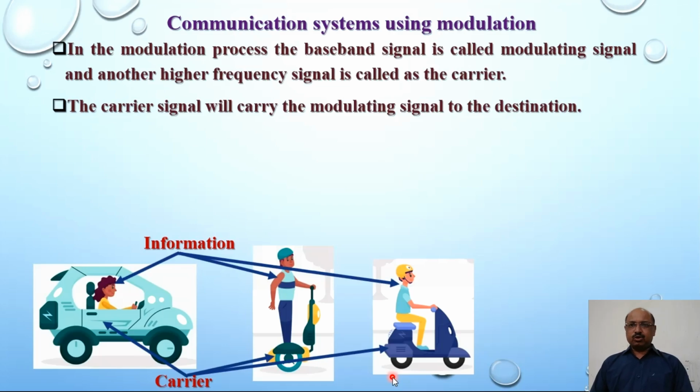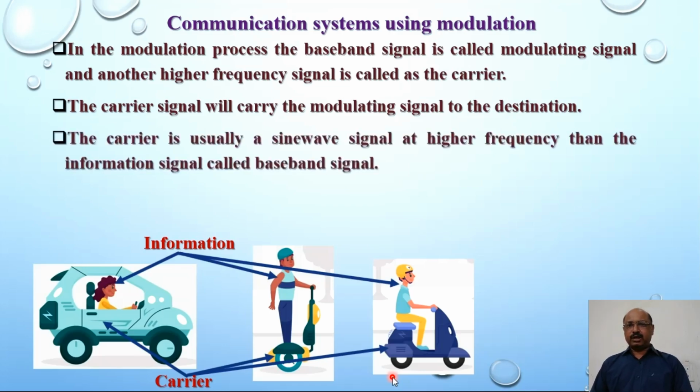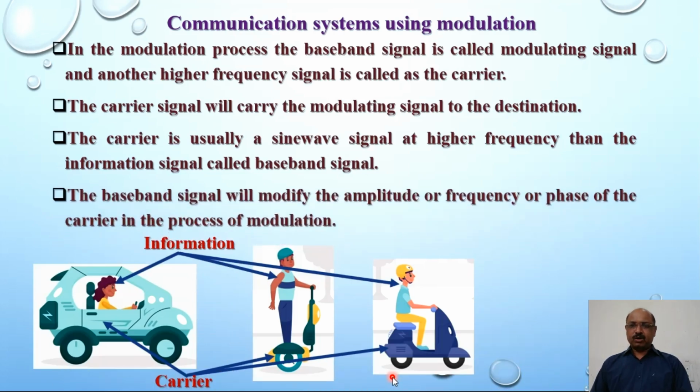The carrier is usually a sine wave signal at a higher frequency than the information signal, called the baseband signal. The baseband signal will modify the amplitude or frequency or phase of the carrier in the process of modulation. Here we get three types of modulation.